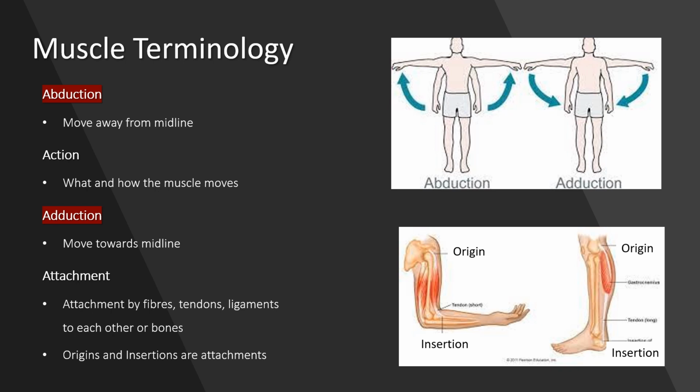So an attachment could be an origin and an insertion, because as we see with the biceps, the origin of the biceps is at the top of the humerus and the insertion is below the elbow. So I'll go in a minute to explain what an origin and an insertion is and why they're different. But for our purposes now, they are attachments to the bone.